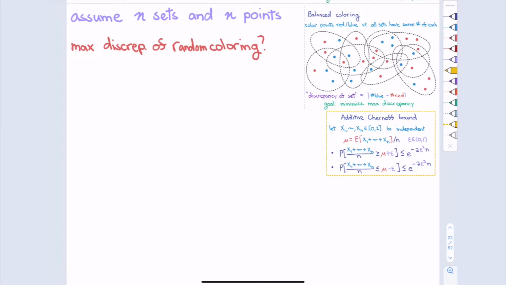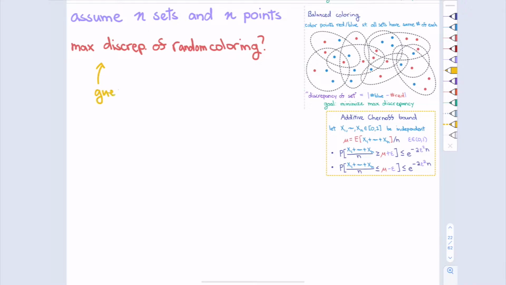Anyone want to try to guess what it might look like? N divided by 2 or so? No. Well, okay. One thing we can try to do is just guess.